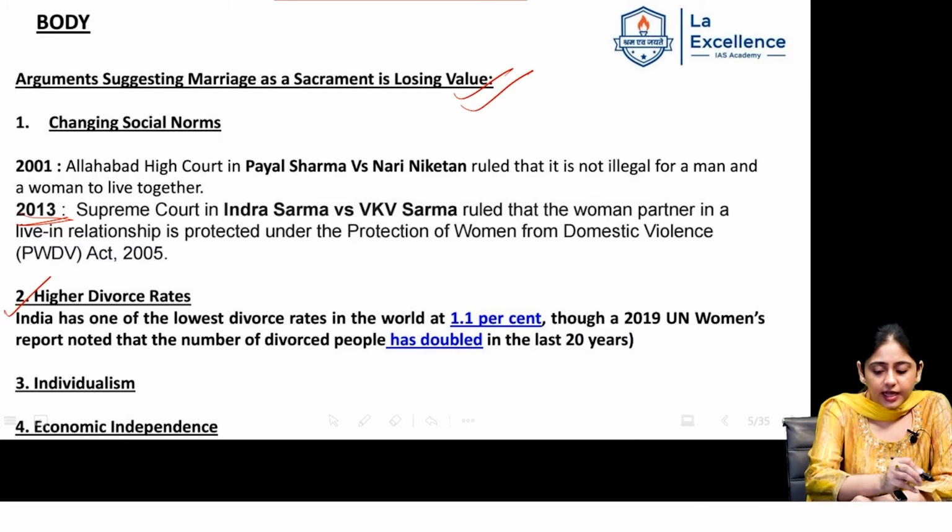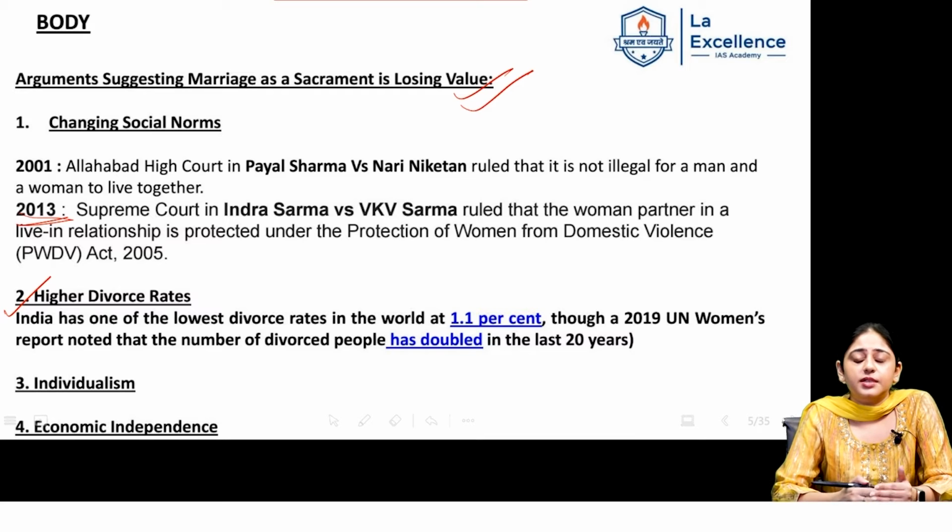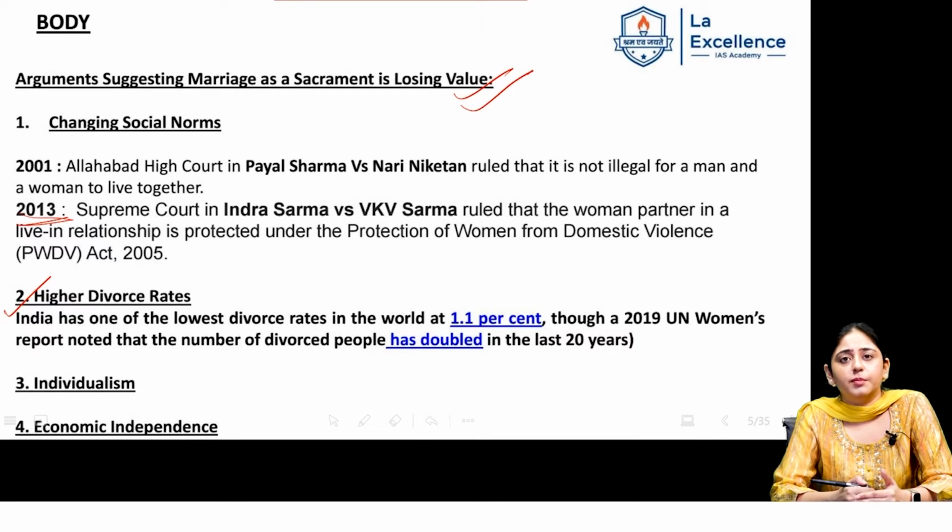Next is your higher divorce rate. Normally, India has one of the lowest divorce rates, right? Almost just 1.1%. But over the years, a survey by the UN has found that it has doubled, right? So again, in the previous traditional society, once you were married, it was for life. Obviously there was an avenue for divorce, but it was not seen in a very positive sense.